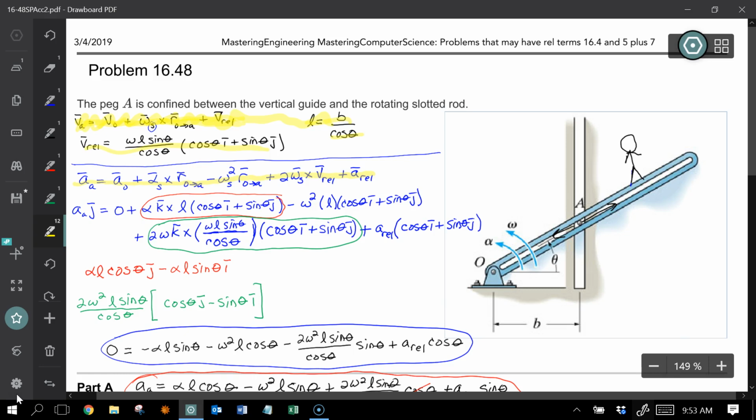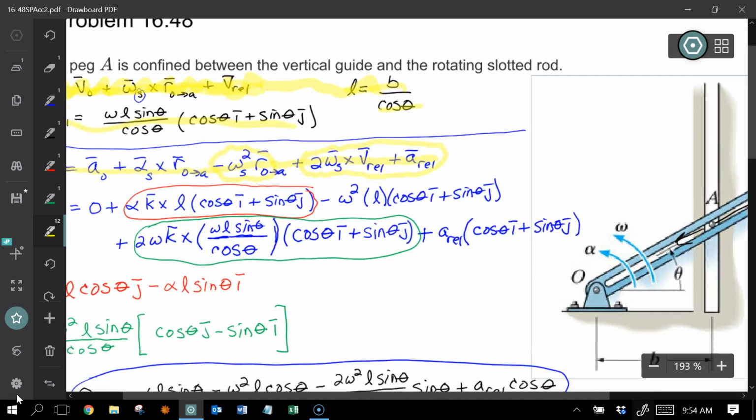So that would be acceleration of A equals acceleration of O. Instead of omega cross, it's alpha cross R. We're using the simplification for the omega cross terms because it's two-dimensional. And then because there were some rel terms before, you're going to expect rel terms now. And so you have to add on these extra two terms for the rels.